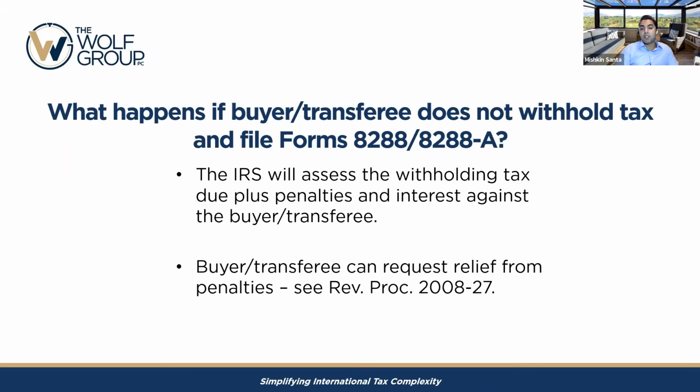Now the buyer can seek relief from the penalties under Rev. Proc. 2008-27. So there are some things that are helpful to the buyer in those circumstances, depending on how it plays out. But again, the buyers have to be very, very careful to make sure they know all the facts of who they're purchasing the home from.